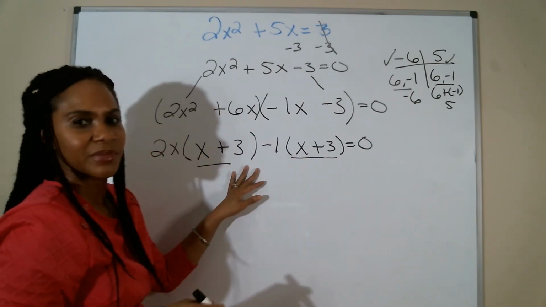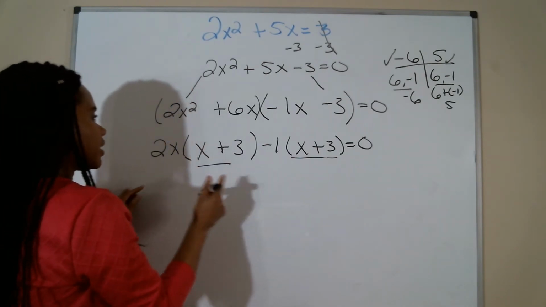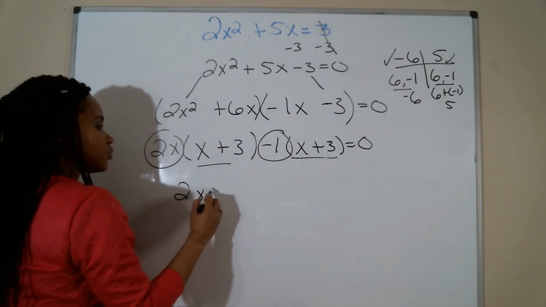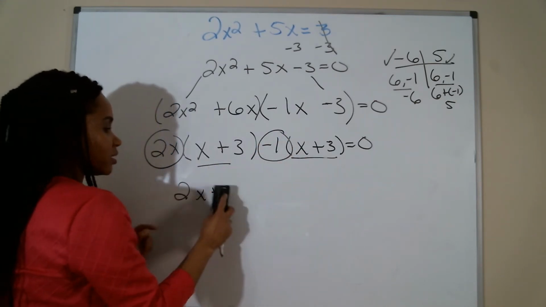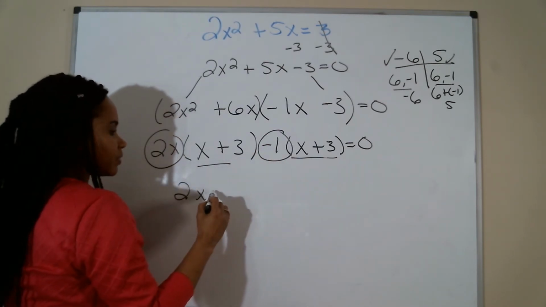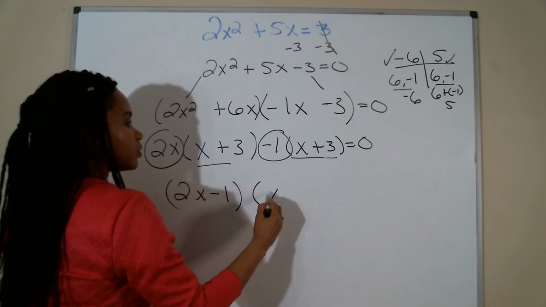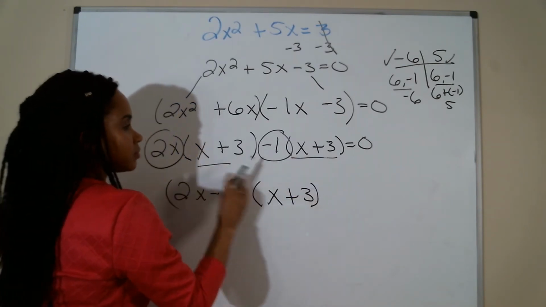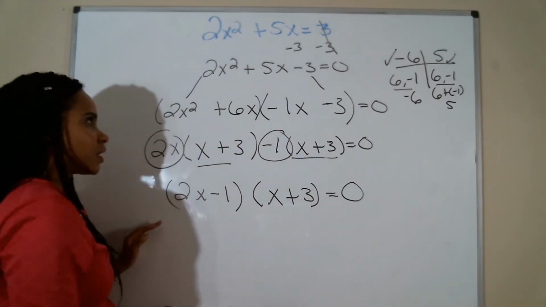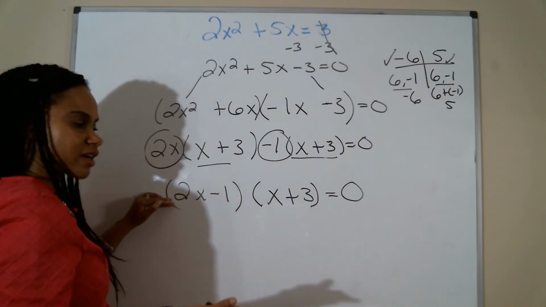If they are not, that means you've done something incorrectly. Now I want to take my outside terms here, 2x minus 1. If that were positive, I would have put plus 1. And then I want to bring down one of these binomials that are the same. It's like I factored it out. Hopefully you're familiar with how to factor down to this point. These are the same steps for factoring.